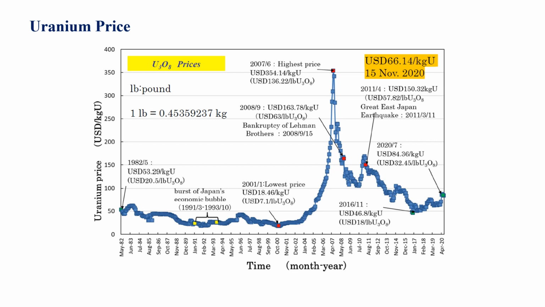But after 2007, there was already a downward trend in the price of your uranium up to 84.36 US dollars around on 2020. Okay, and the lowest price now is just around 66.14 US dollars per kilogram of uranium, which is the price last November 15 of 2020.